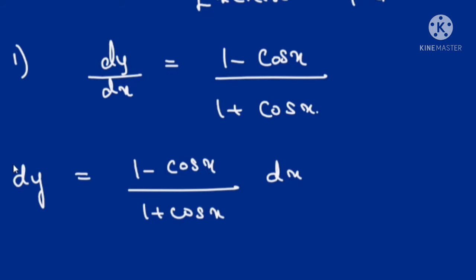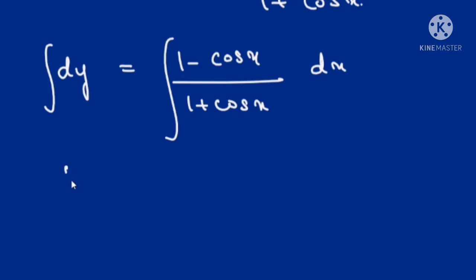So we have separated all the y on one side and x on the other side. dy by dx is here, f of x, this is f of x, and g of y, I told you, g of y is nothing here, means it is 1. So we can separate the variables. Once you separate it, then you integrate both the sides. When you integrate, you get the solution.